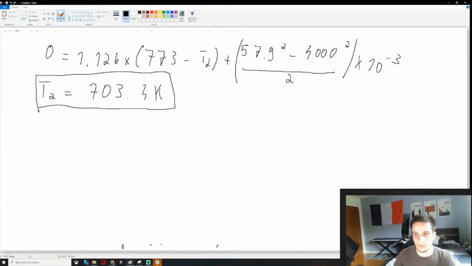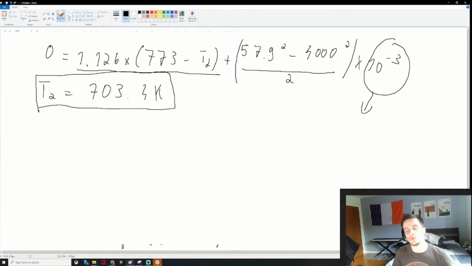So this is very, very important: make sure you either convert this section from kilojoules to joules, because this output will give you kilojoules, or convert the velocity potential section from joules to kilojoules. So either multiply this section by 10 to the power 3, or this section by 10 to the power minus 3, if you want your results in either kilojoules or joules. This is very important for these kinds of exercises.